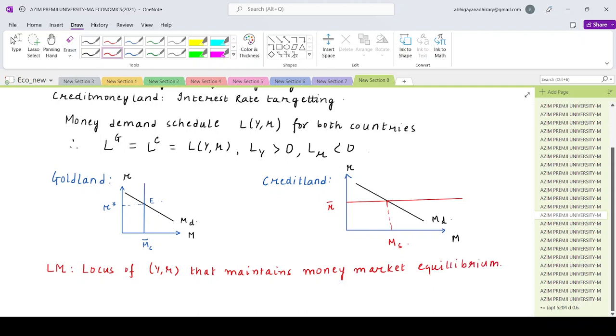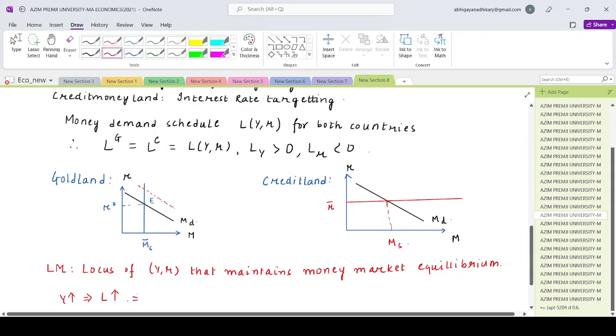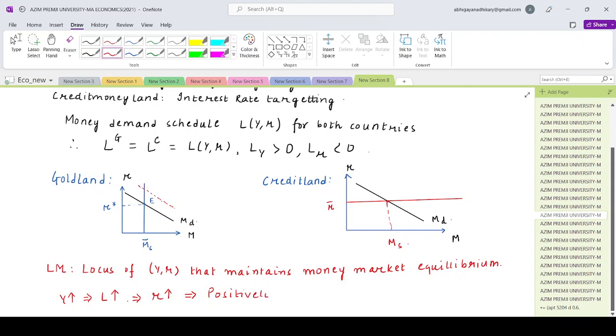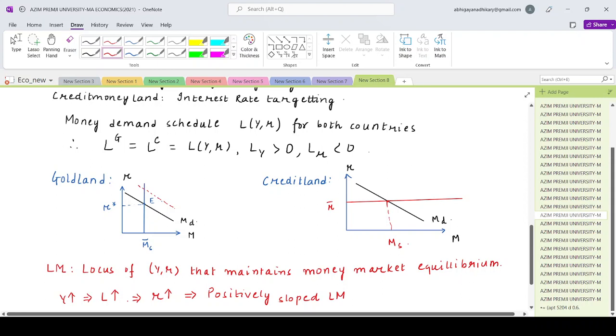So for Gold Land, if your Y rises, then your demand for money will rise. If your demand for money rises, the money demand schedule will move up. Consequently, R will rise. So we have the usual positively sloped LM curve.